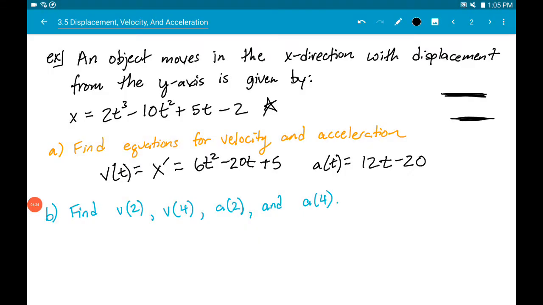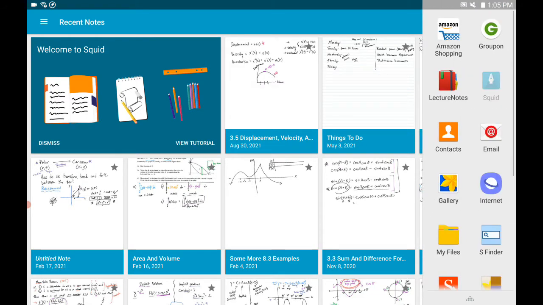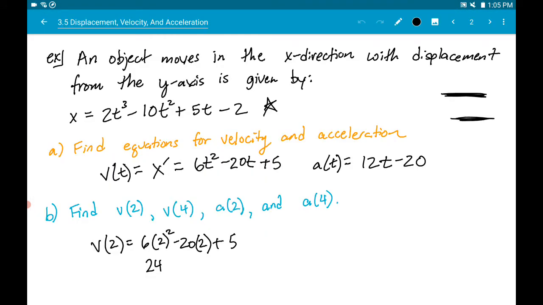If you want v of 2, this means what's the velocity at 2 seconds or 2 minutes or whatever the units are. That just means I have to plug in 2 into my velocity equation. So wherever there's a t, I would substitute a 2 in. All right, so I've got 24, 6 times 4, minus 40 plus 5.